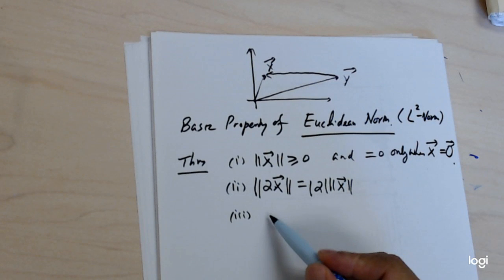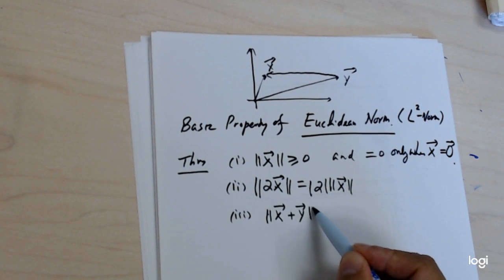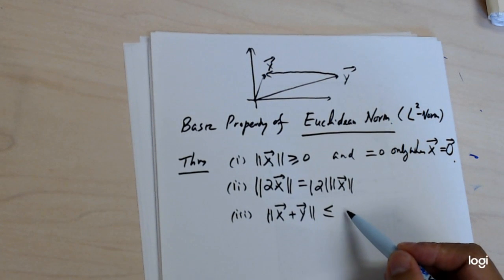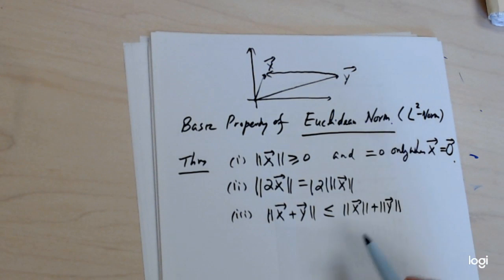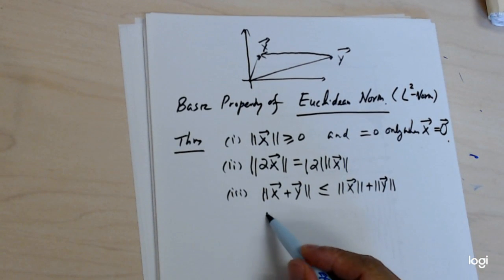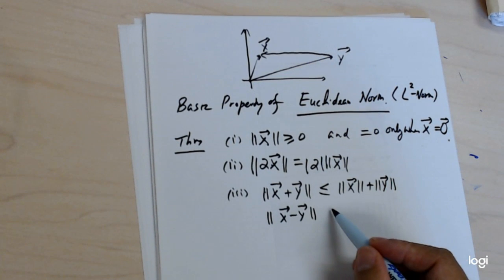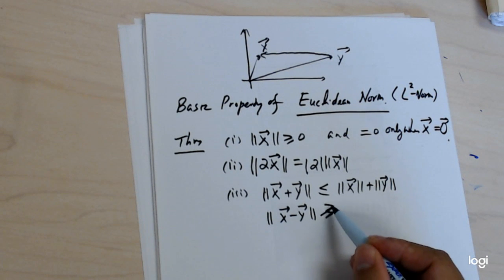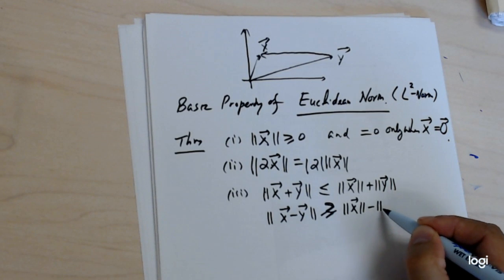Number 3: you add up two vectors, you try to figure out the size of it. This is always less or equal to the size of x plus the size of y. Finally, x minus y. It's always greater or equal to, say, x's norm minus y's norm.